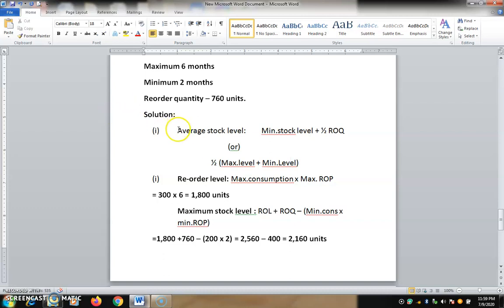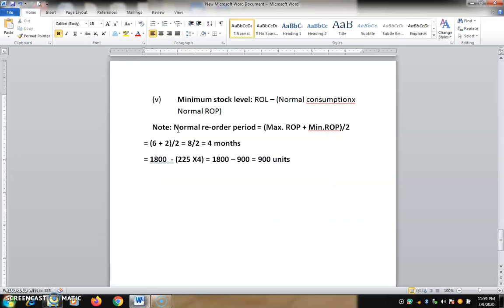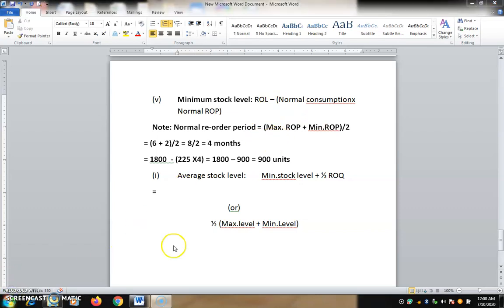So if we use the first formula, minimum stock level, which we calculated as 900 units, plus half of reorder quantity.